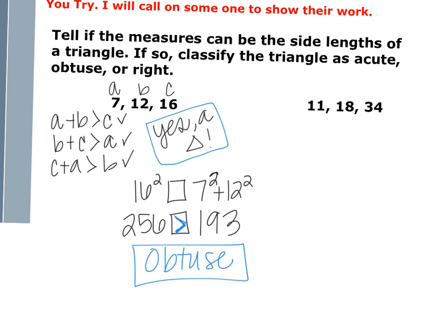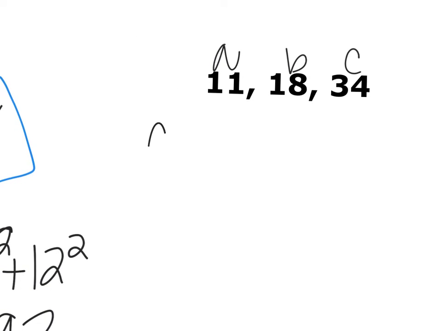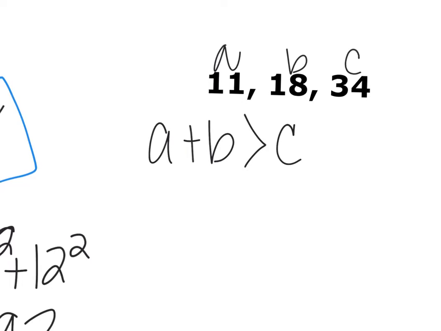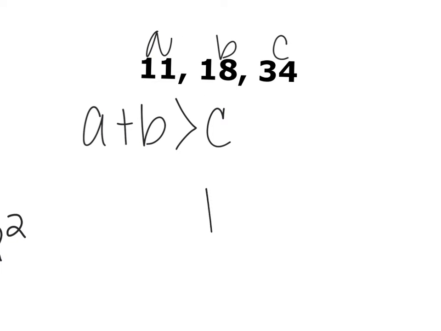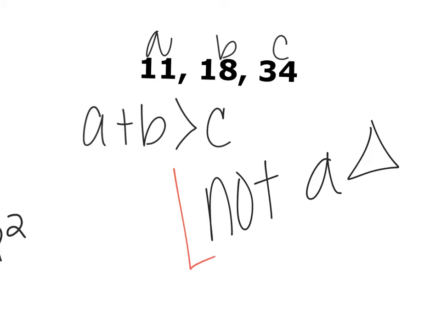Let's look at this last one. a, b, c. Let's see if we even have a triangle. a plus b is greater than c. Is 11 plus 18 greater than 34? The correct answer is no, so it's not a triangle.